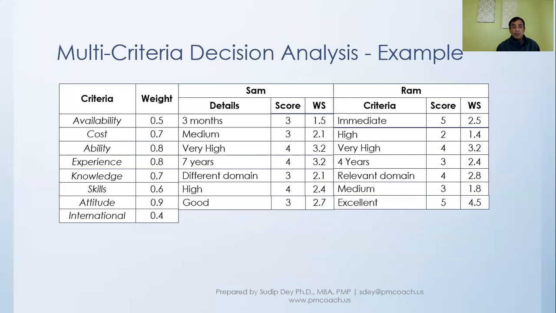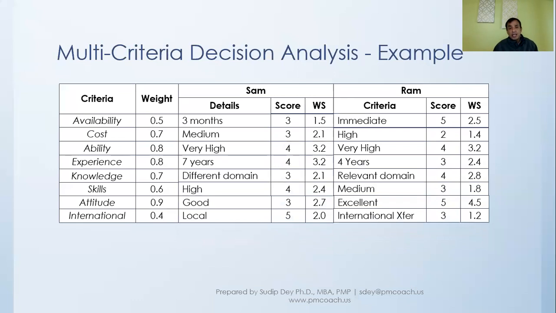Attitude, for example, we are looking at the attitude for both of them, and one is 3, one is 5, and we are calculating the weighted score again there. So for all these criteria, for both these candidates, we have determined the score, and we have calculated the weighted score corresponding to each criteria for both these candidates.